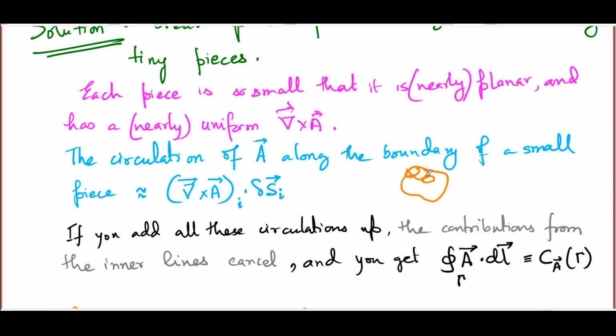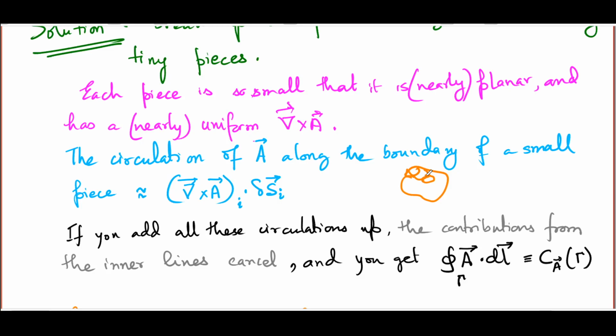So what you end up with ultimately, when you add all of these circulations, is actually the circulation about just the outer boundary. Remember once again, the outer boundary, that is the boundary gamma, has no other pieces coming from other sides to cancel their contributions. So when you add all of these (curl of A)_i dotted with delta S_i, sum them up over all i, what you're going to land up with is at least approximately the circulation over the entire contour gamma.